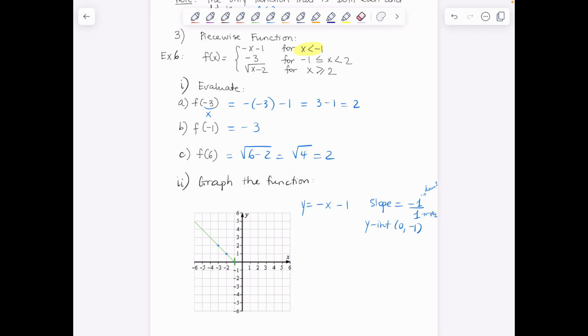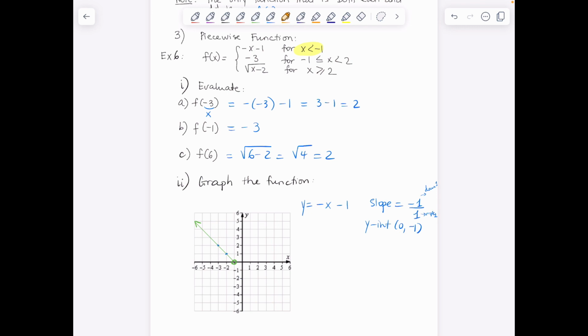Furthermore, in this case, x is strictly less than -1, so we cannot have a solid dot at the end where -1 is. We are going to put an open circle here. I will go ahead and put an arrow here since the line will go on forever to the left. So there's the first piece of the graph.